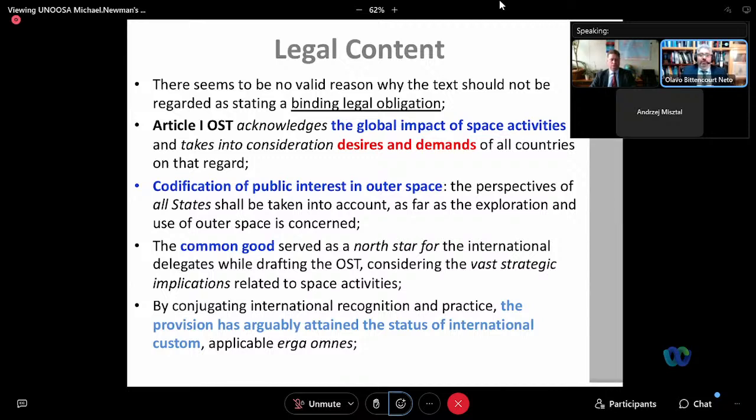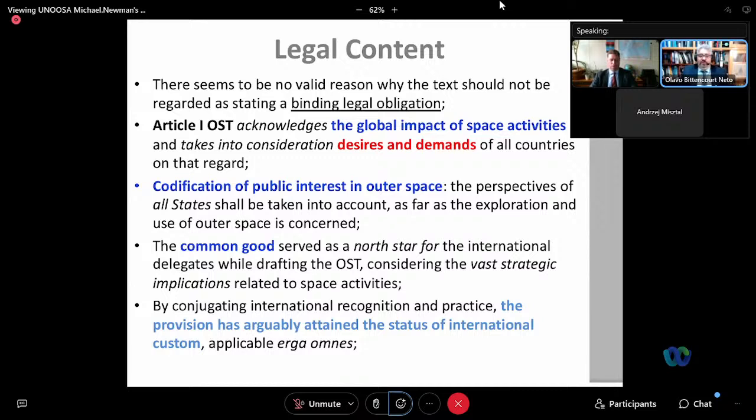So the common good served as a North Star for the international delegates while drafting the Outer Space Treaty, considering the vast strategic implications related to space activities in general. So the article reaches beyond the states parties to the treaty, and this is quite important.